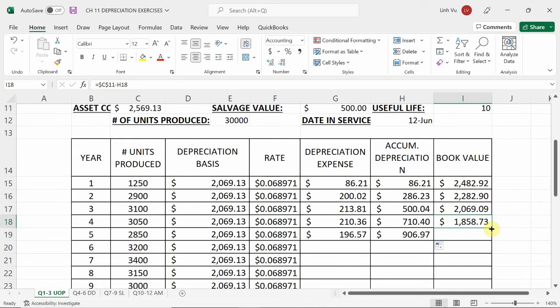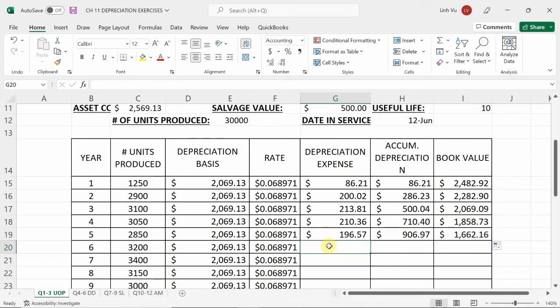Okay. So what's your book value? $1,662.16. Okay.